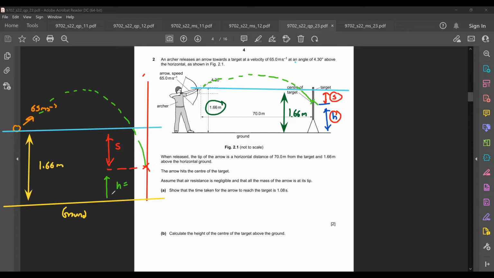Maybe I just draw double arrows here. This one will just be 1.66 minus s. Okay, so your goal here is to find out what is s, your final displacement from your original starting point. So if you want to do this, you need to use your vertical motion.